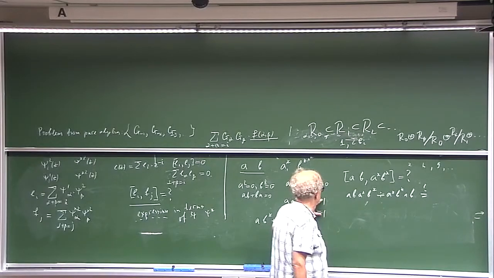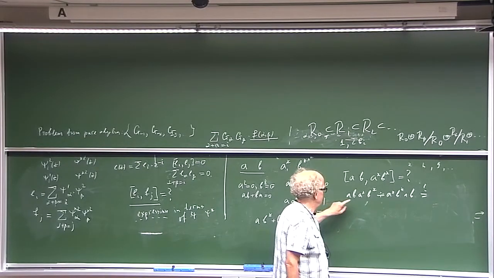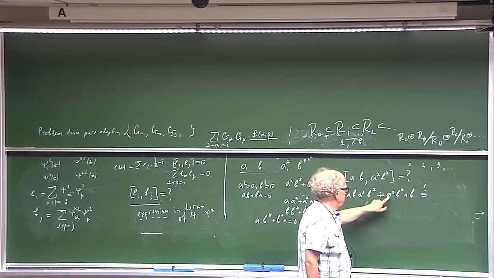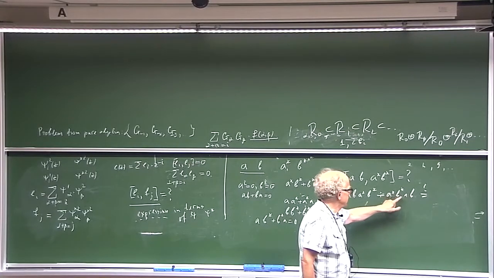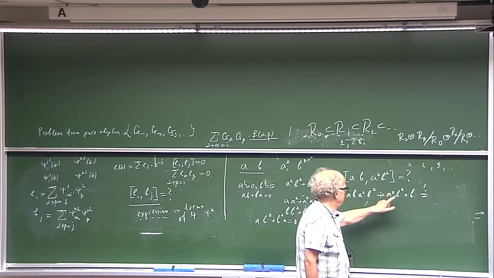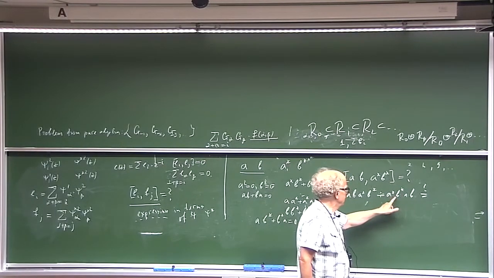If we have 0 here, then what can we do? Here, A star is in the correct position, so we can move it here. The A we can move here, and B we can move here.